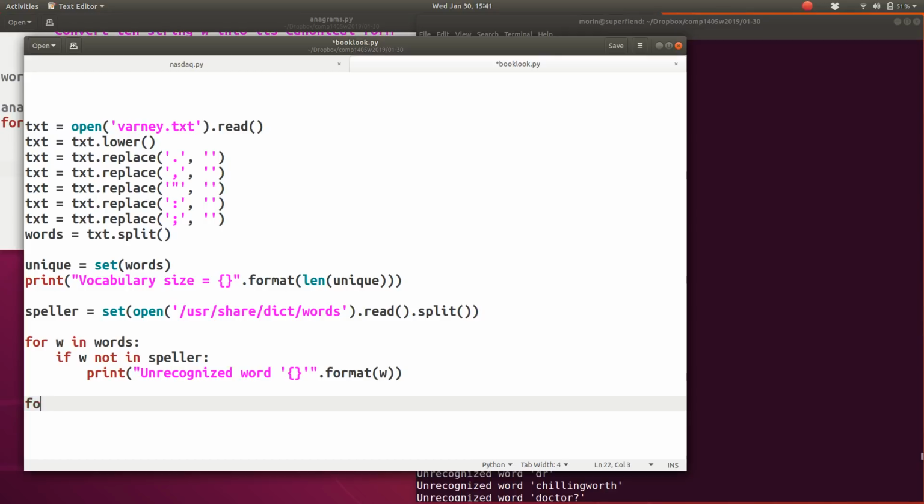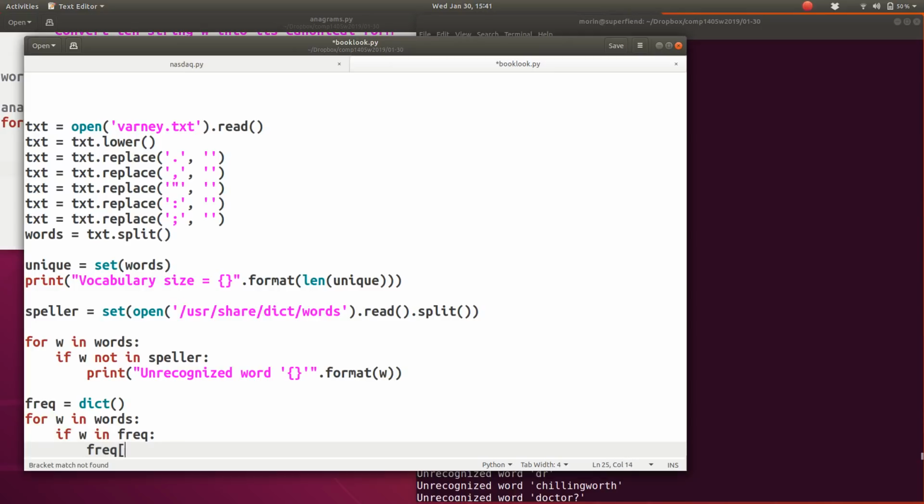So for that, we create a dictionary that we'll call freq for frequency. And we go through each word in the book, and if W is in our frequency, so if the word we're looking at is already in this dictionary, it means we've seen it before, and that means it's stored there with its counter.